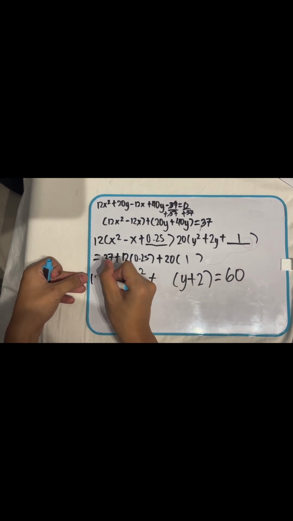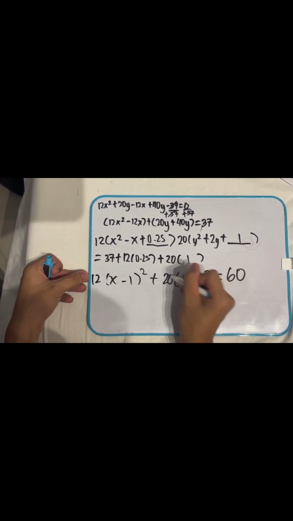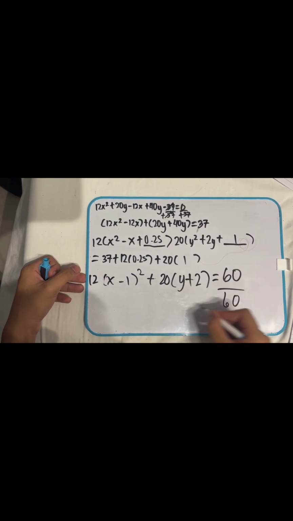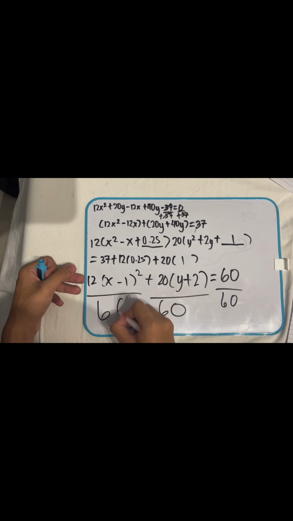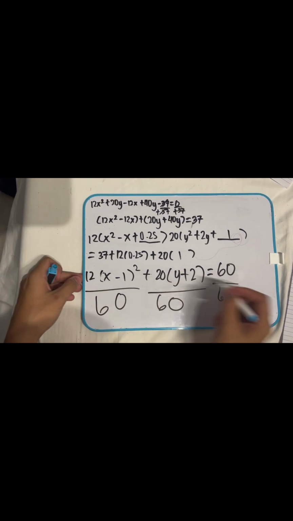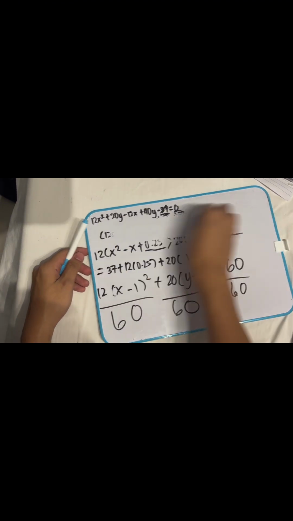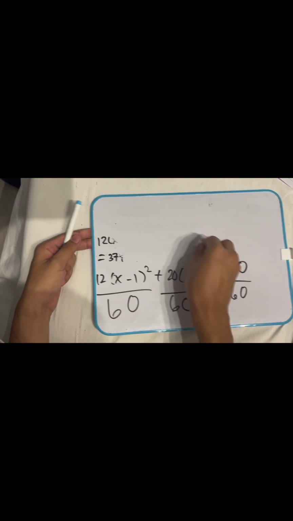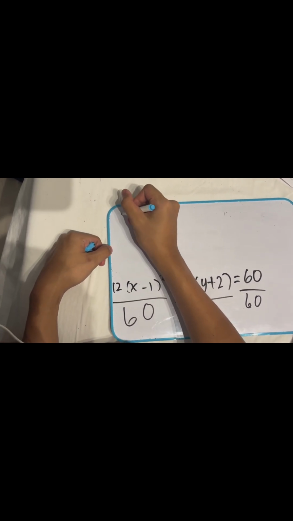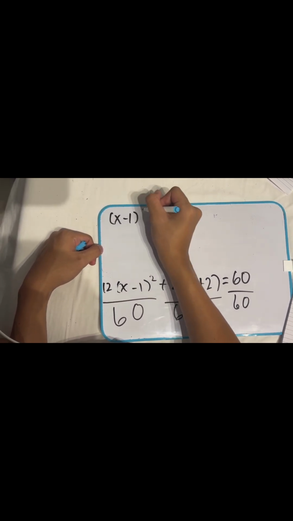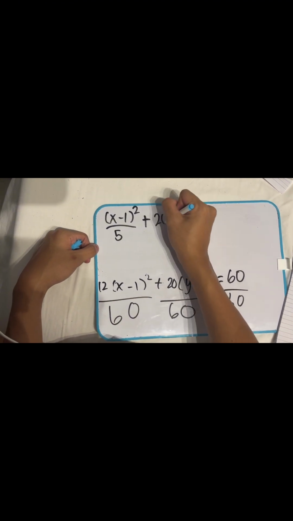I know, it's still 12x. Sorry. Still gonna be 12x because we're gonna factor out 60, or divide by 60 rather, in all of them. So 12 divided by 60, to remove this first. 12 divided by 60 is gonna be (x minus 1) squared over 5 plus 20.